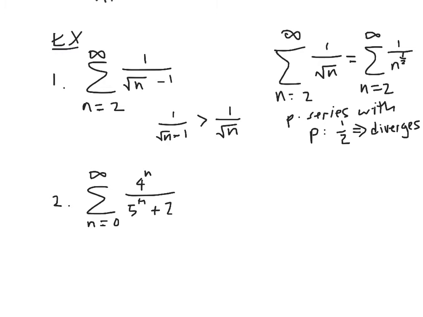Therefore, the fraction 1 over root n minus 1 must be bigger than the fraction 1 over root n. And this is clearly always bigger than or equal to 0. So what this tells us is that the series n equals 2 to infinity 1 over root n minus 1 diverges by the direct comparison test.